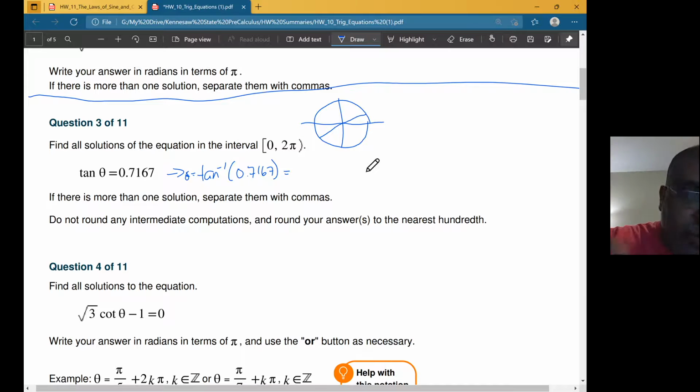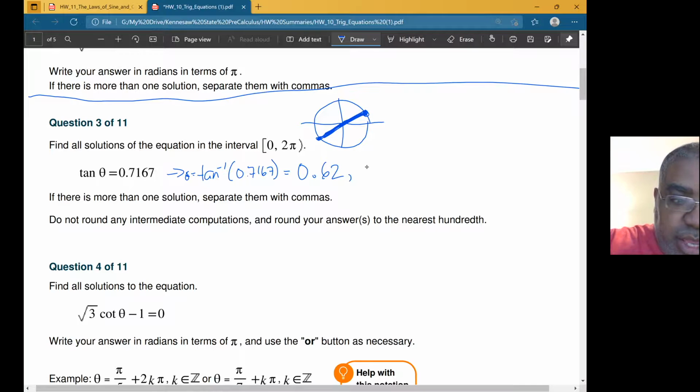My first theta that I get, rounded to the nearest hundredth, is 0.62. That's my first one. And if I add pi to it, because we're in radians, so this angle and this angle are pi apart from each other, here and here, and that goes for anywhere in quadrant 1, I get 3.76.